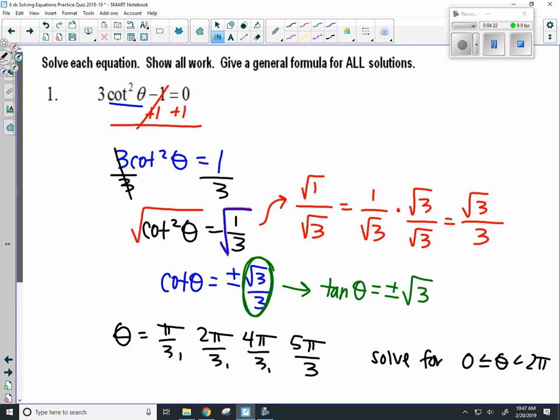However, the directions here say give a general formula for all solutions, and that's where you're either going to be putting on a plus pi k or a plus 2 pi k to give every possible solution that your angle could be.